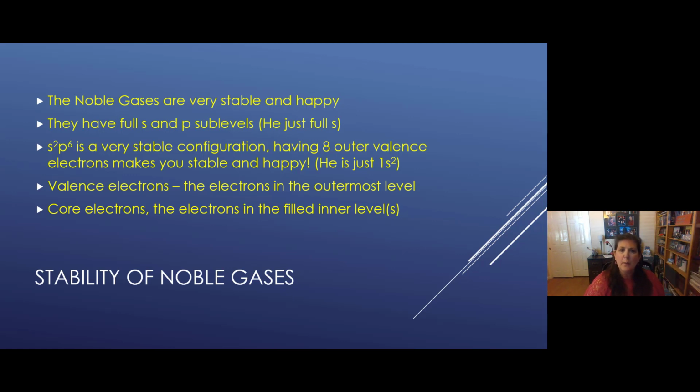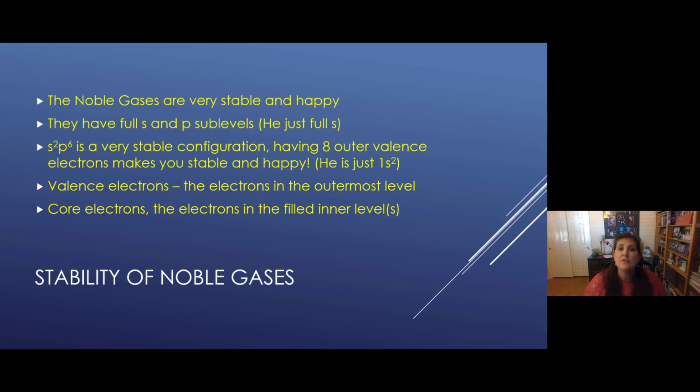So that contributes to them being very, very stable. That just happens to be a stable electron configuration, having s2p6. So again, helium is just 1s2. So we call these s and p outer electrons valence electrons.